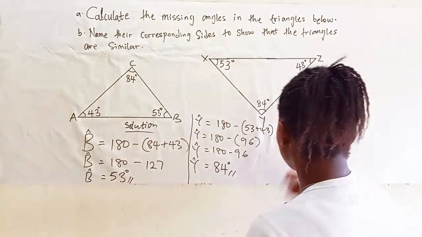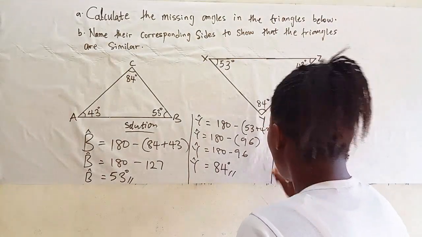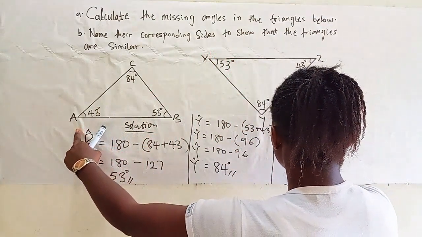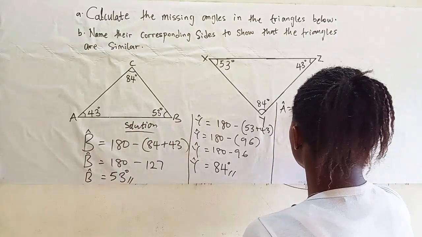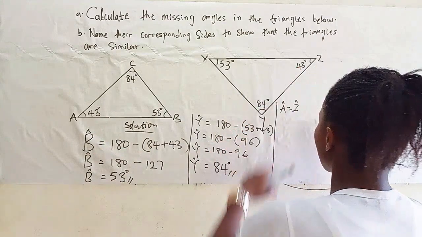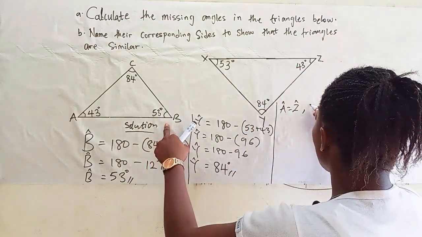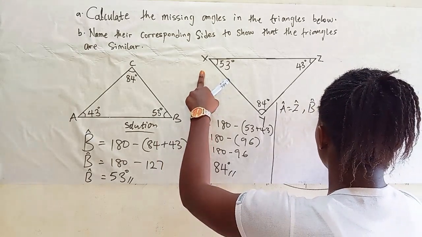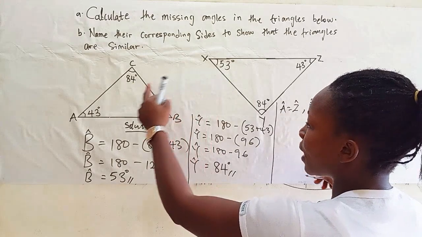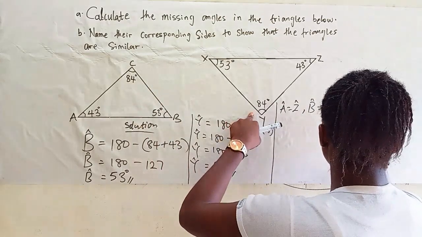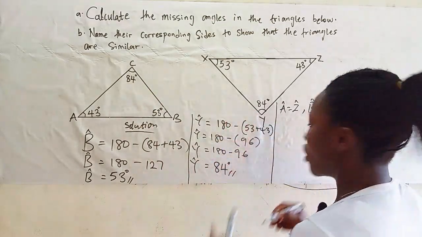That means, from this, our angle A is equal to our angle Z, because we have 43, 43. Likewise, our angle B is equal to our angle X. And finally, our angle C is equal to our angle Y. Alright?